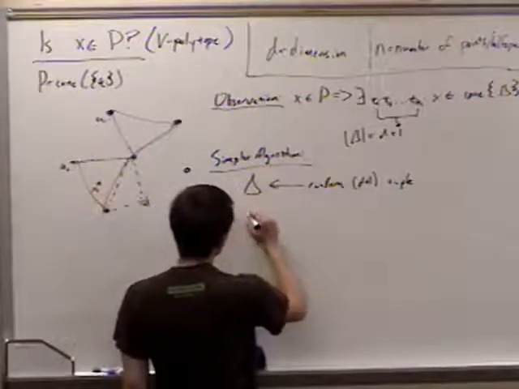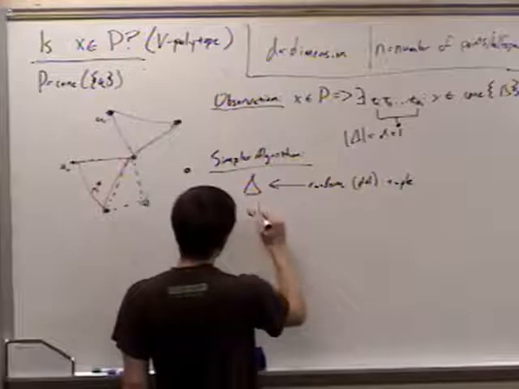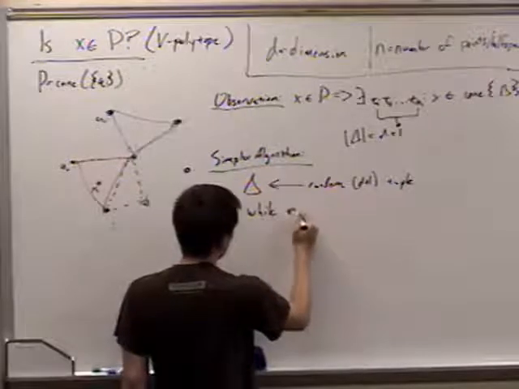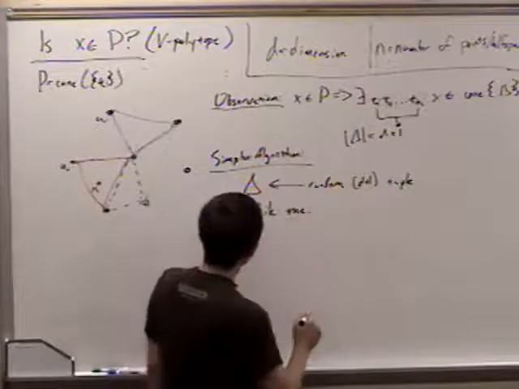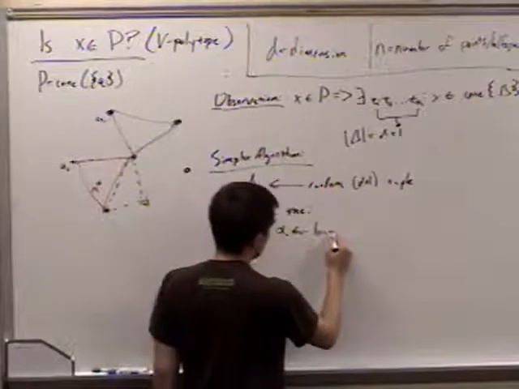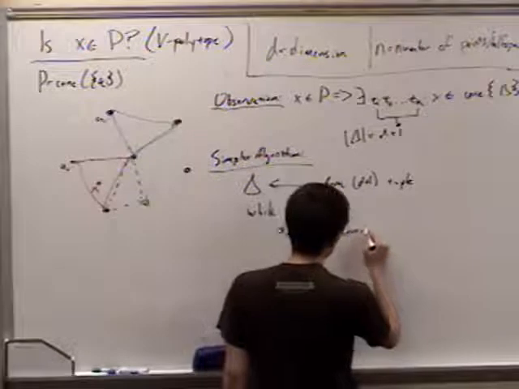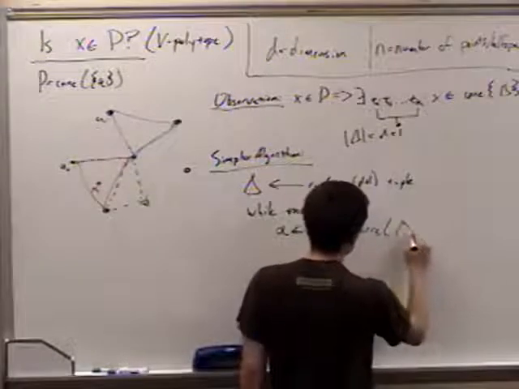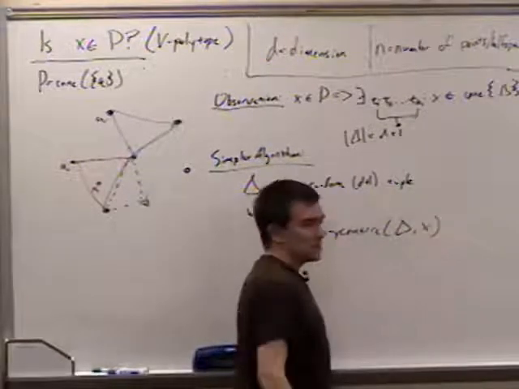Then we'll say, OK, while true, let's compute alpha equal to the barycentric coordinates of x and delta. Basically just a linear solve.